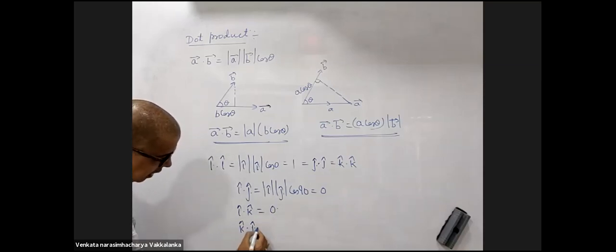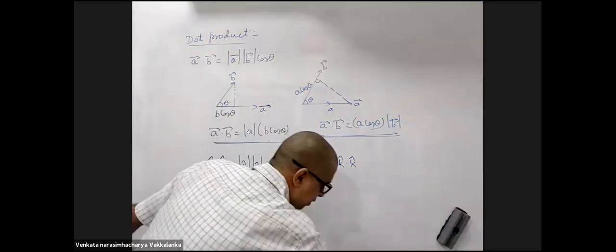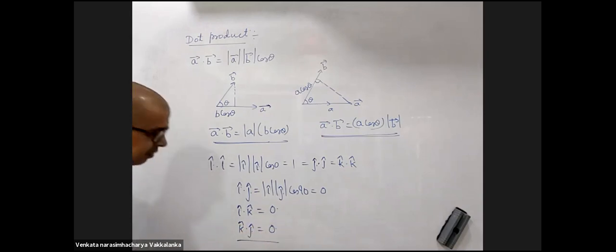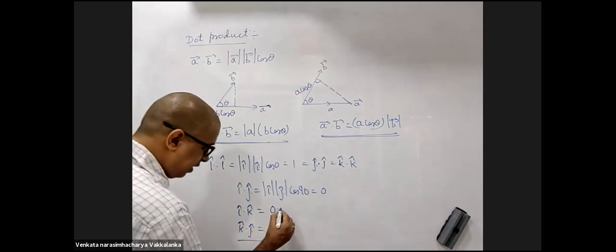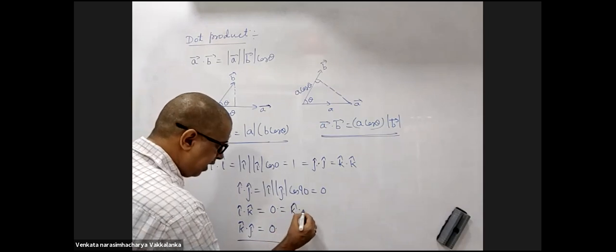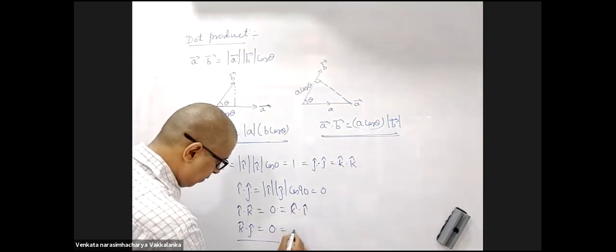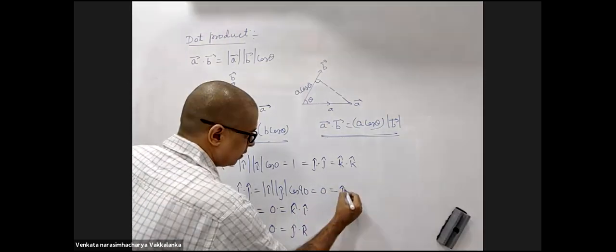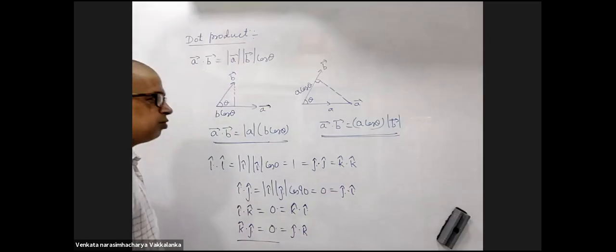K dot I is 0. Or K dot J is 0. Interestingly, K dot I is also 0. J dot K is also 0. J dot I is also 0.